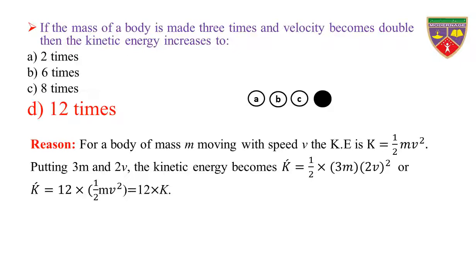Reason. For a body of mass m moving with speed v, the kinetic energy is K = 1/2 mv².